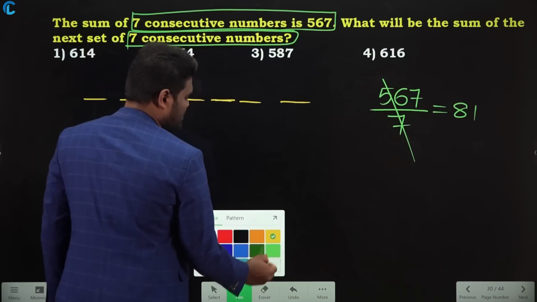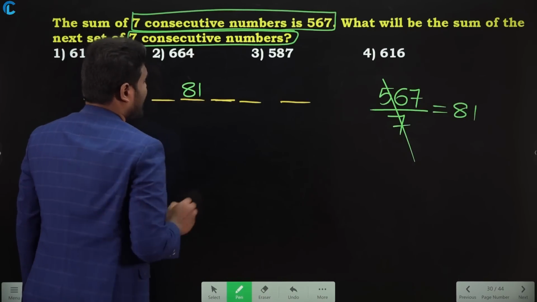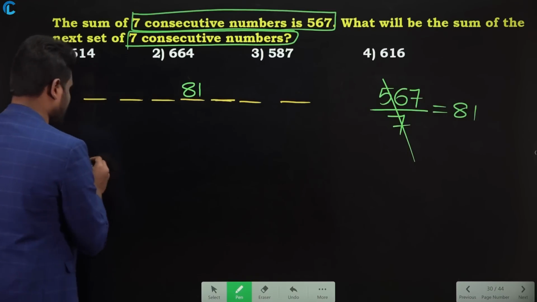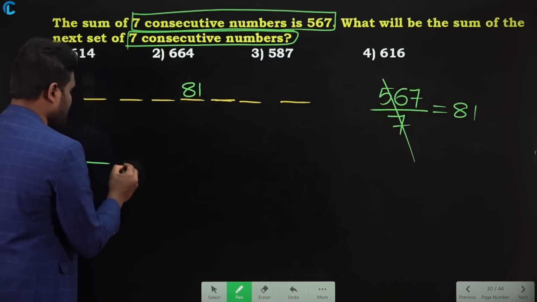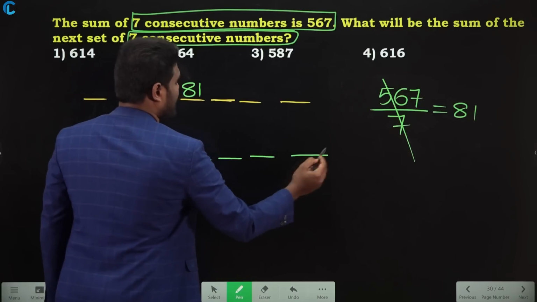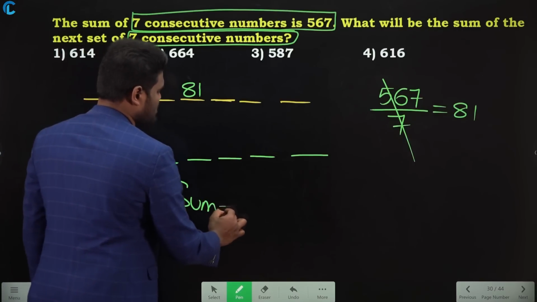For these 7 numbers, the average is 81. Now what they are asking is the next 7 numbers: 1, 2, 3, 4, 5, 6, 7. For these next 7 numbers, what is the sum? This was the question.